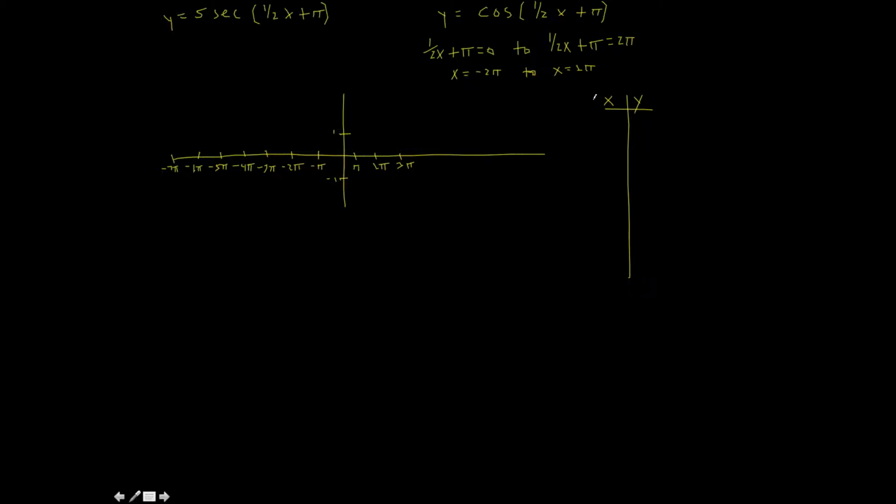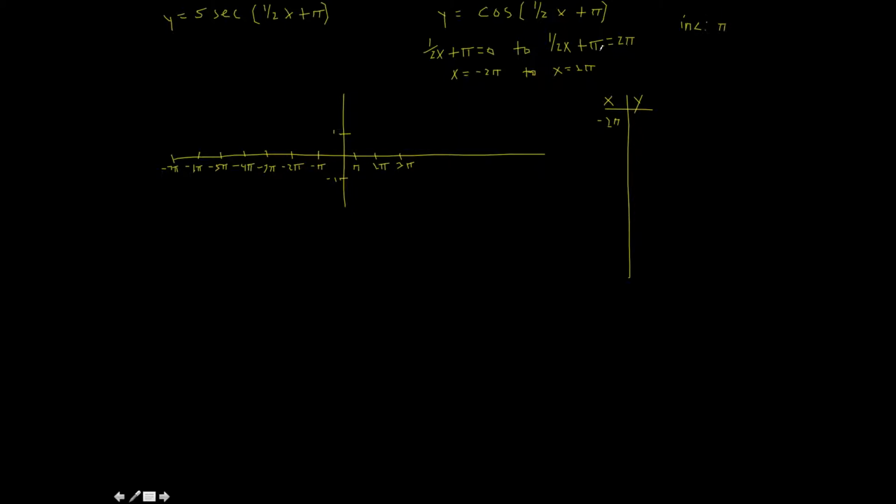And so we're starting with negative 2 pi. Well, what is our increment? Well, it's the period divided by 4. So the period here is 4 pi divided by 4. So we're going to have an increment of pi.